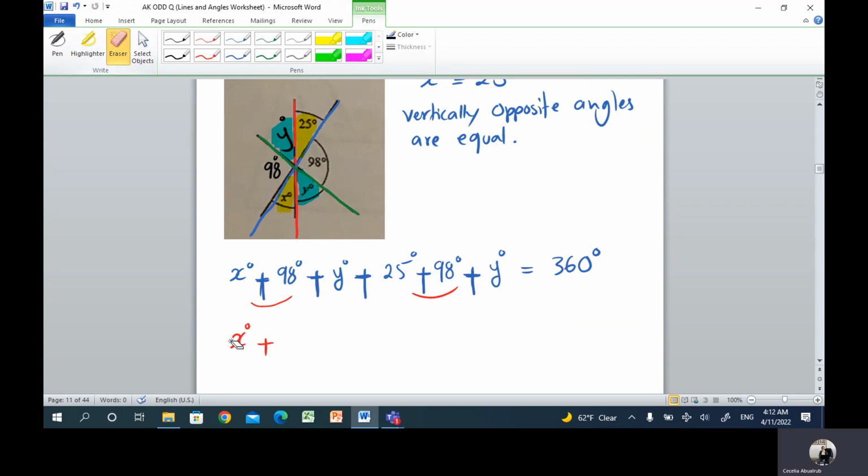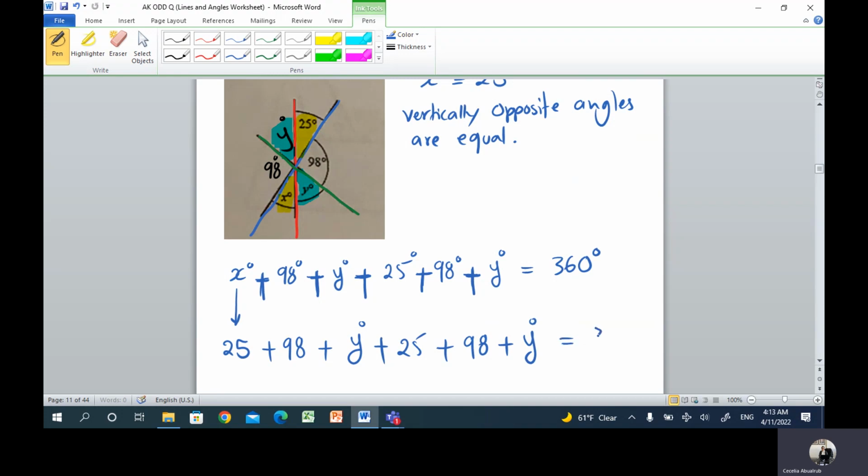The x, we said up there that it is 25, right? So I can replace the x here with 25 plus 98 plus y plus 25 plus 98 plus y again, all is equal to 360 degrees.